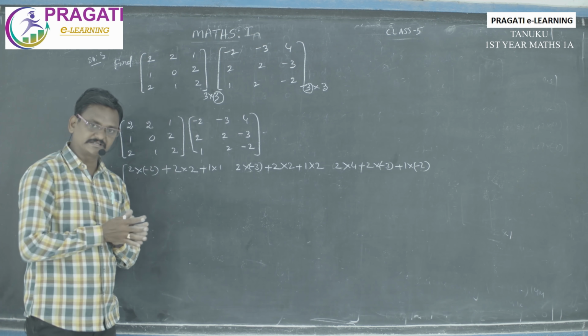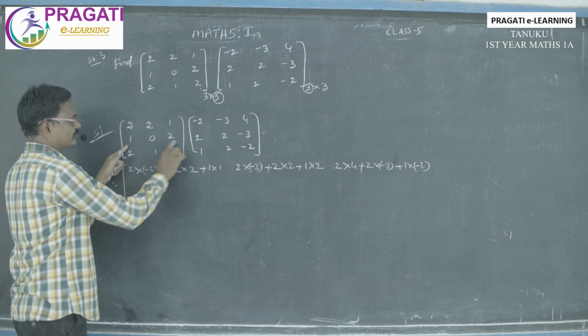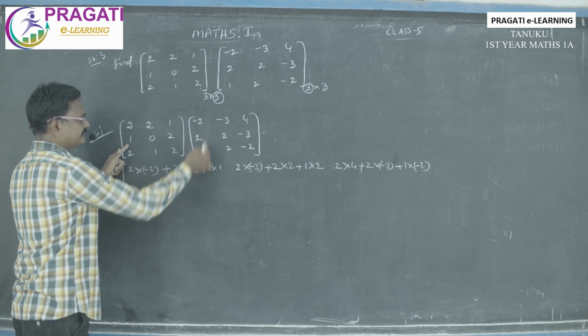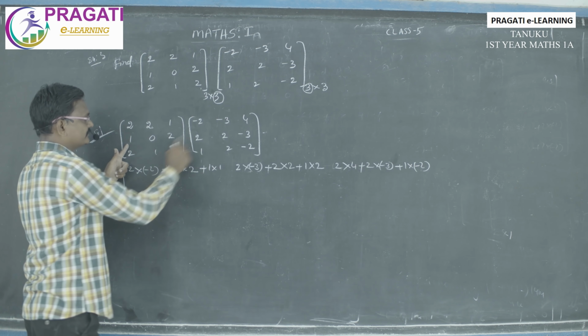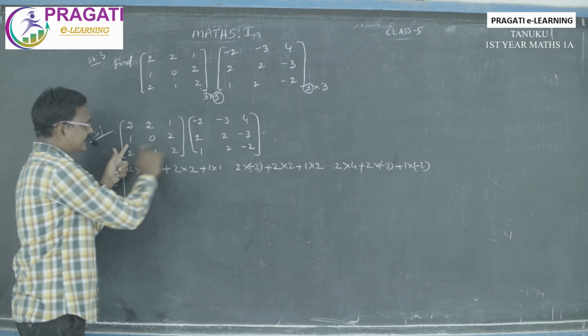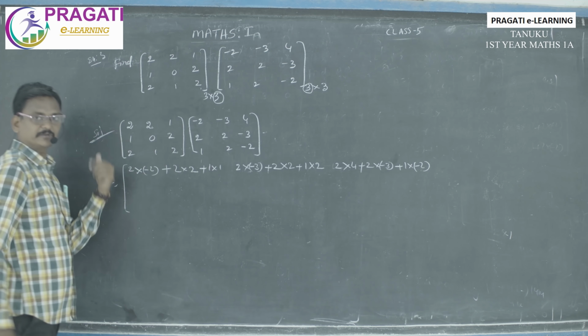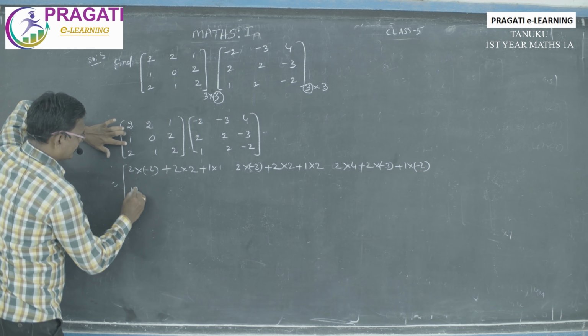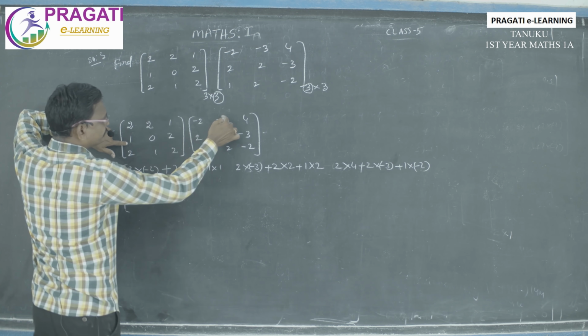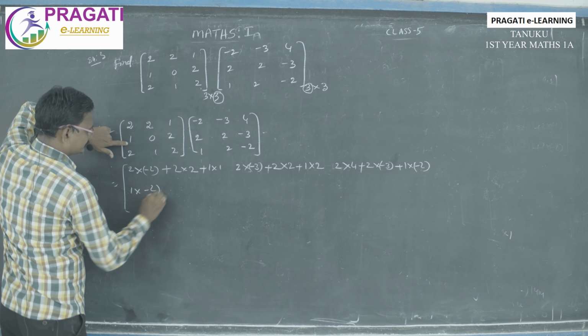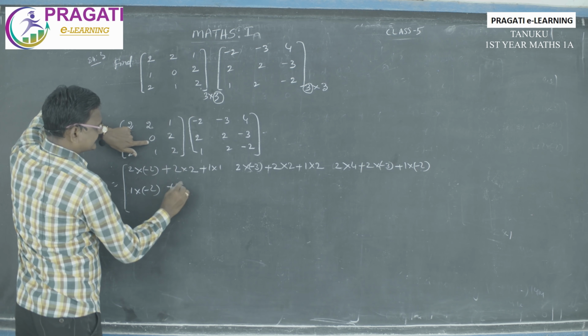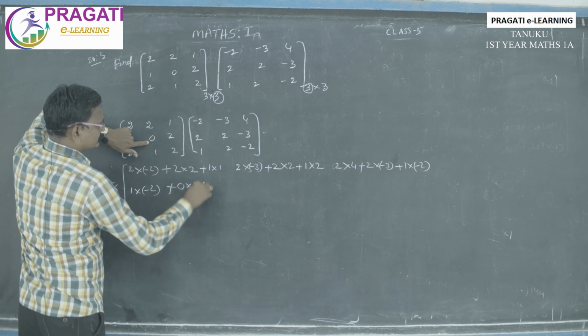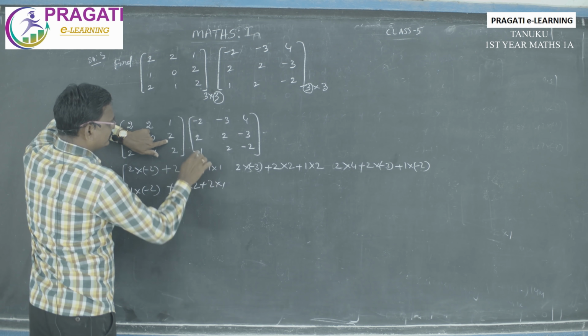Now same process, start with second row with the first column, second row with the second column, again second row with third column. That is all I am doing now. So 1 into first row, first column, minus 2, plus 0 into 2, plus 2 into 1.